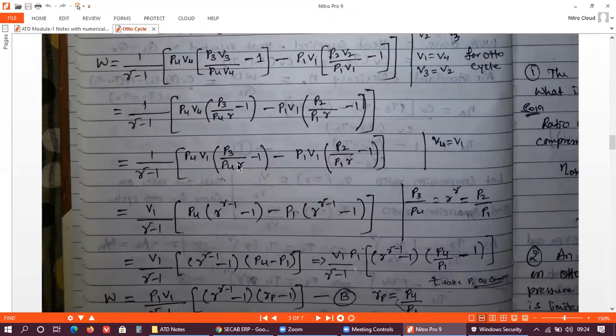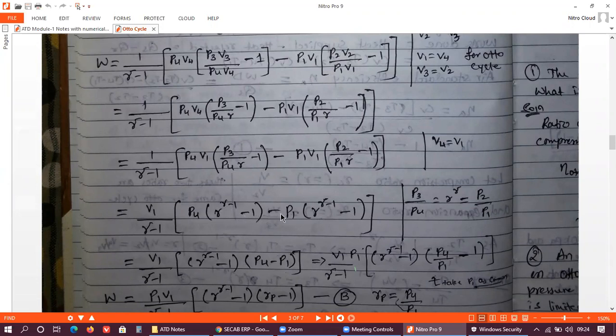You have to recall a bit of the theory of indices. So the expression will be: P3 by P4, I am replacing it by R raised to gamma, and R raised to gamma divided by R will become R raised to gamma minus 1.